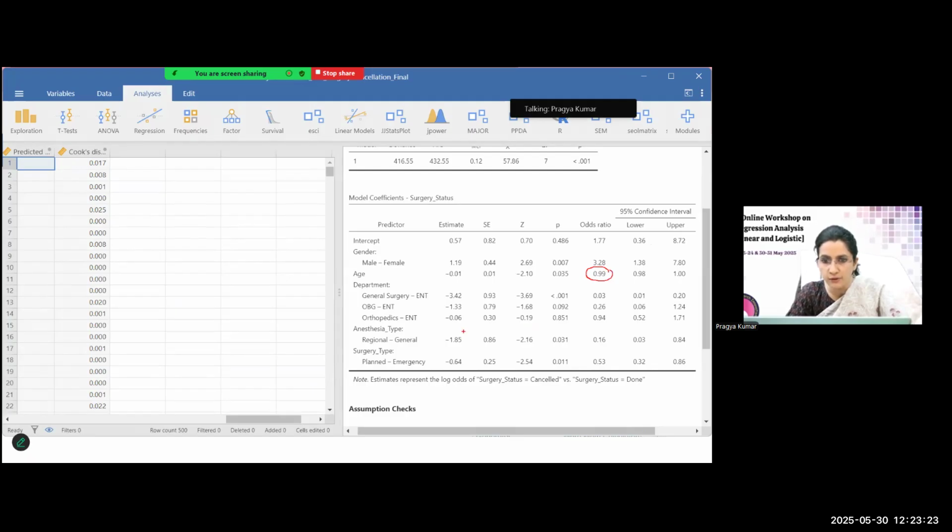Similarly, let me show it. If the regional anesthesia estimate is minus 1.85, if it is a negative logit, then what will be the value of the odds ratio? It will be less than 1. So again, I will calculate this, minus 1.85. Let me write it down.